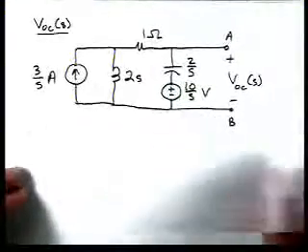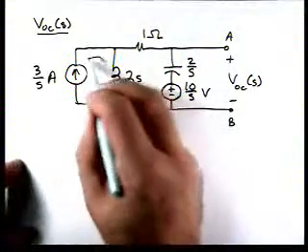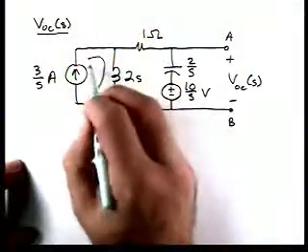So we've removed our 2 ohm load, and here is our circuit to calculate the open circuit voltage. First, let's assign mesh currents.